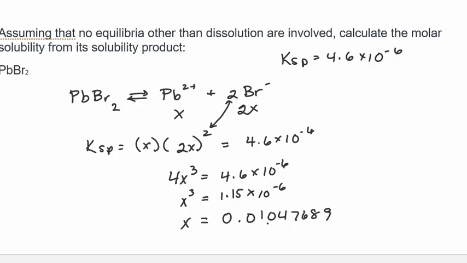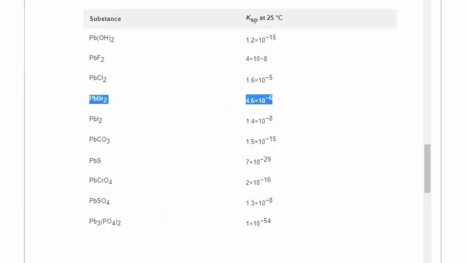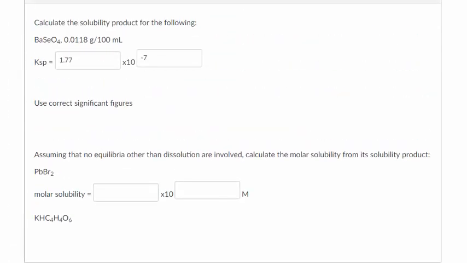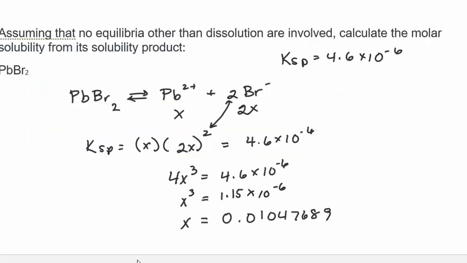The molar solubility, something times 10 to the something. So I would convert this into scientific notation. 1.05 it looks like. 1.05 times 10 to the negative 2, because I'm going over 2, 1, 2. If you gave me 1.0, just 1.0 times 10 to the negative 2, I would accept that as well.